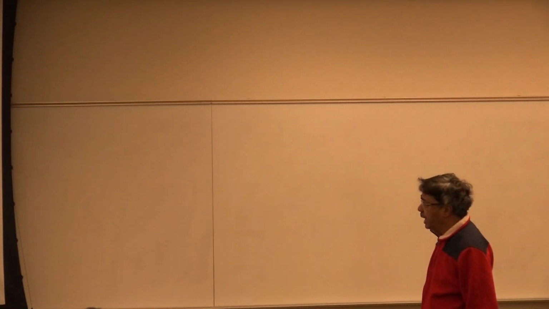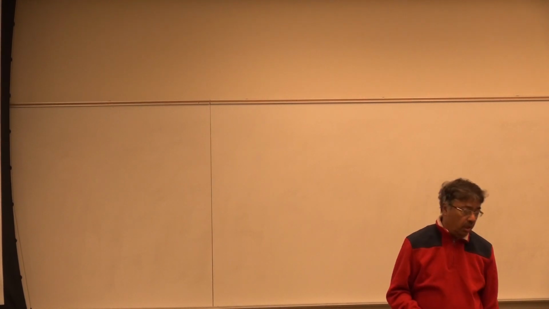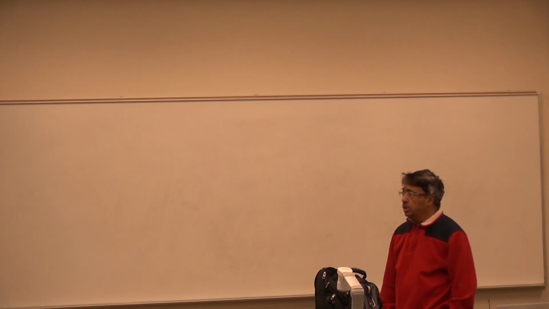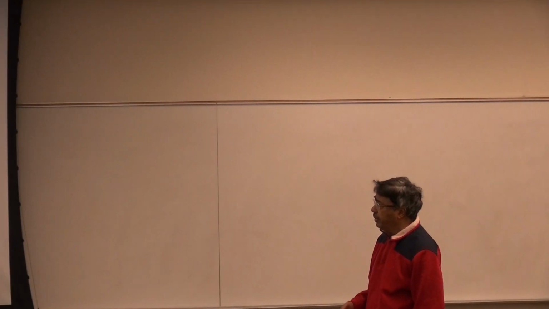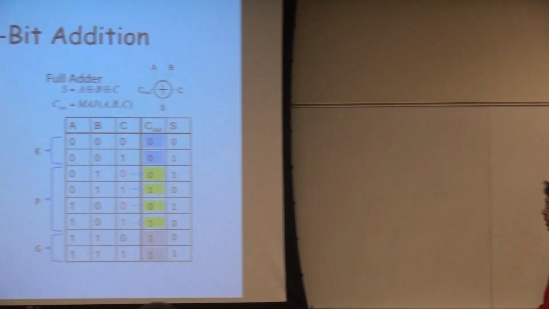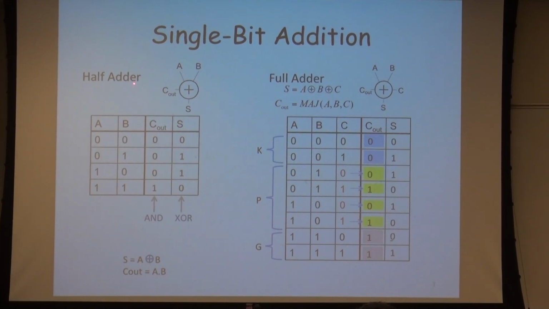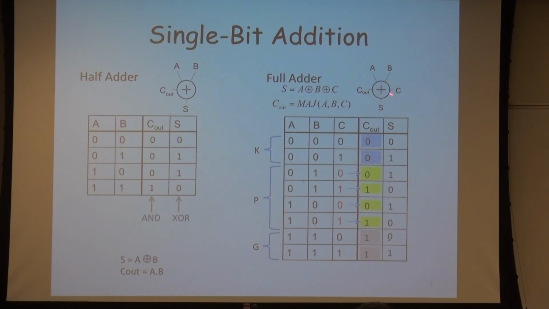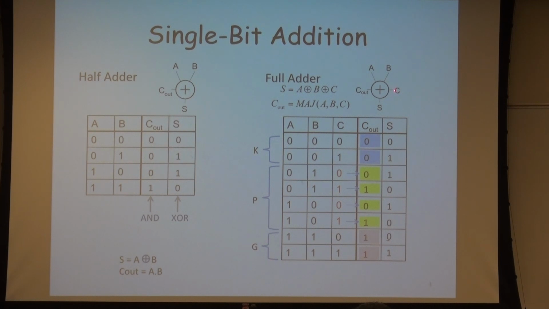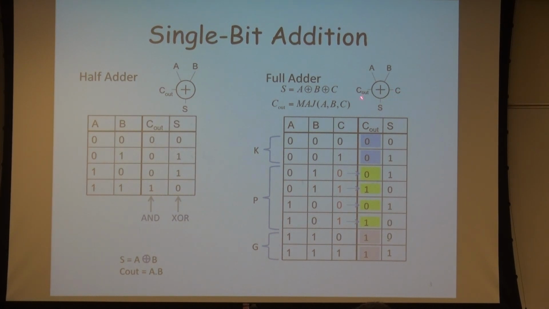And so what we'll do is that we'll talk about the arithmetic logic part corresponding to the integer functions. So an adder, all of you are familiar with, comprises of two data inputs, A and B, and a carry input, C, and it provides two outputs, sum and carry out.